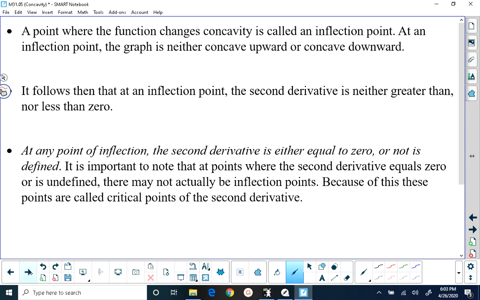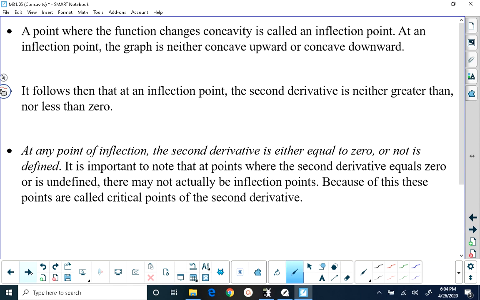I'm telling you the same thing is going on here with the second derivative. If the second derivative is not defined, or if the second derivative is equal to 0, we call that location a critical value of x for the second derivative. And those points may or may not be inflection points.